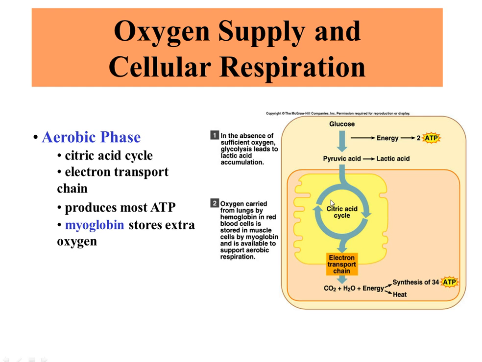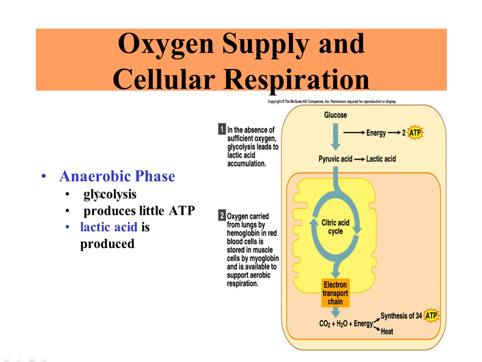so the aerobic phase produces most of the ATPs. Now the anaerobic phase again happens in the cytosol, in the cytoplasm, and only a few ATPs are made. But when you are exercising, you get into what is called oxygen debt.